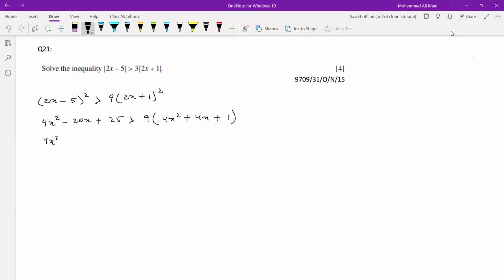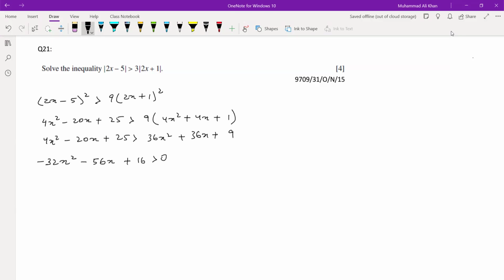So 4x squared minus 20x plus 25 greater than 9 into 4, 36x squared, 9 into 4, 36x, 9 into 1, 9. 4x squared minus 36x squared, 32x squared with negative sign, minus 20 minus 36, minus 56x, 25 minus 9 is 16, plus 16 greater than 0.